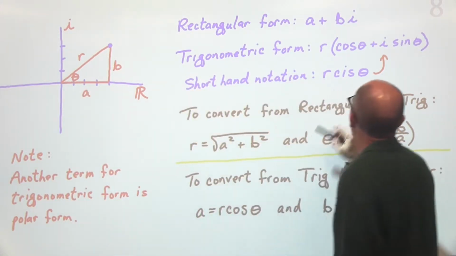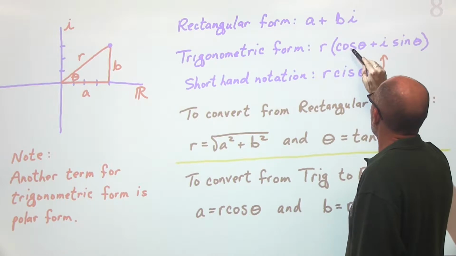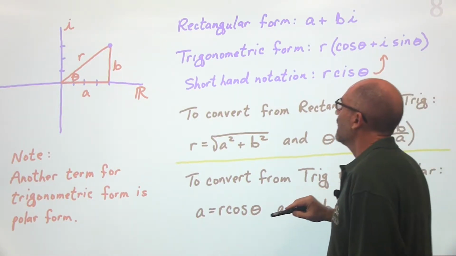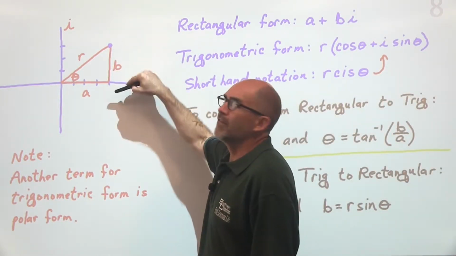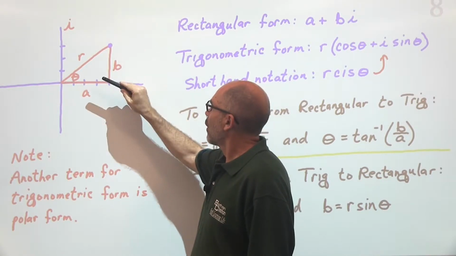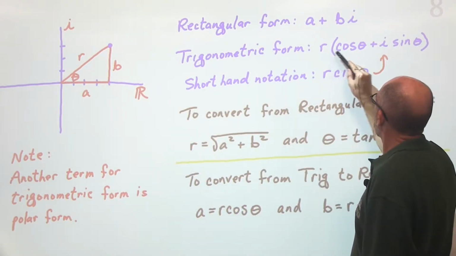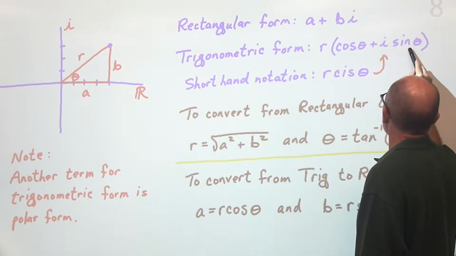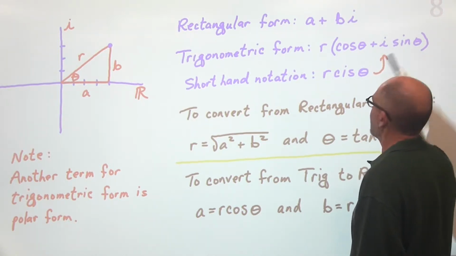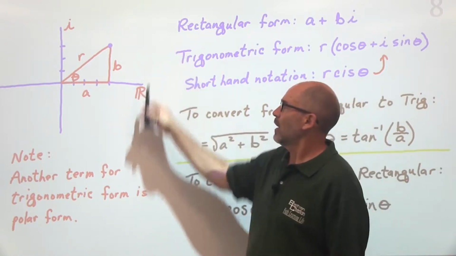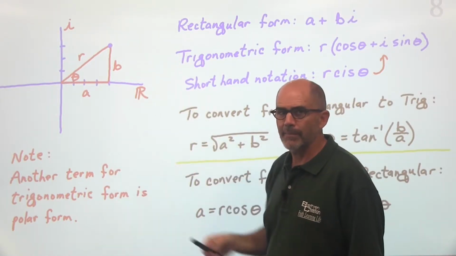So anytime you have an x value, it's r cosine theta. Now the y value, or the b value here, is r sine theta. So I've got r cosine theta plus i sine theta, and it's i sine theta because the vertical is imaginary.